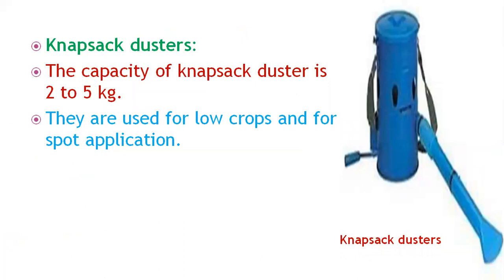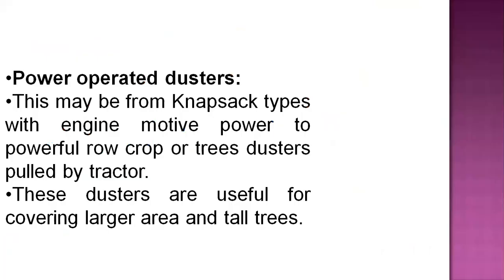Now the next one, the knapsack duster. This knapsack duster is used against different crops and vegetables, mainly for spot application. The capacity of this knapsack duster is 2 to 5 kg. Now the next one, the power operated duster.